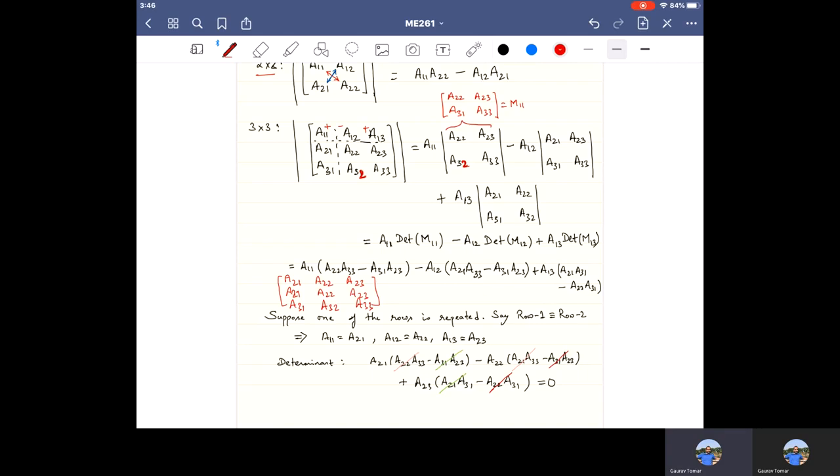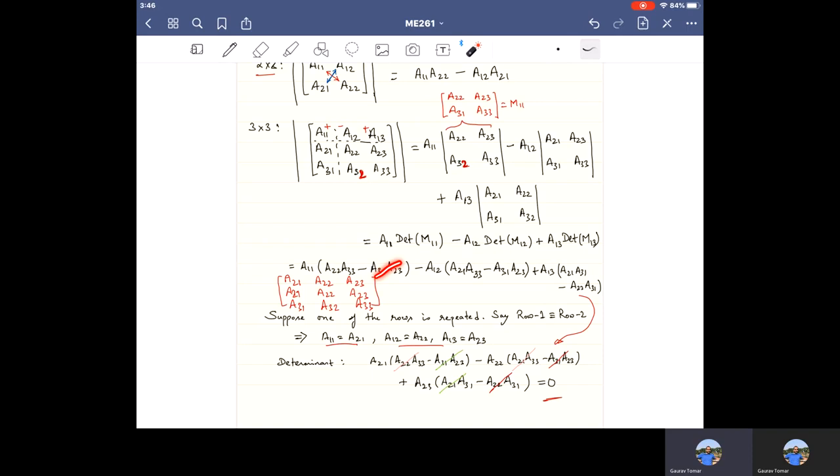Now, in this case, one of the rows is repeated. If you substitute the repeated row in this fashion, then this formula can be shown to reduce to 0. As you can see, I've already marked here that this term, A12 into A21 into A33, is this term, so this gets cancelled out.